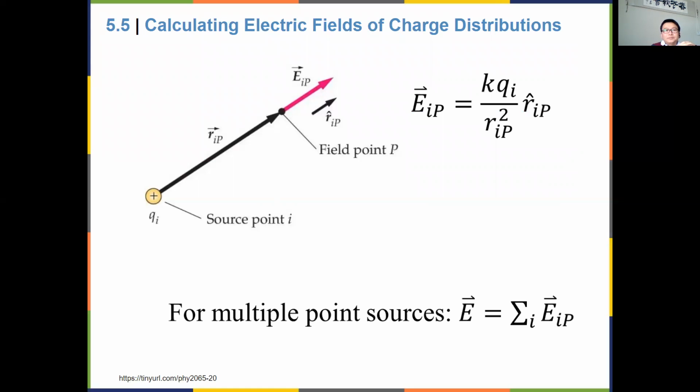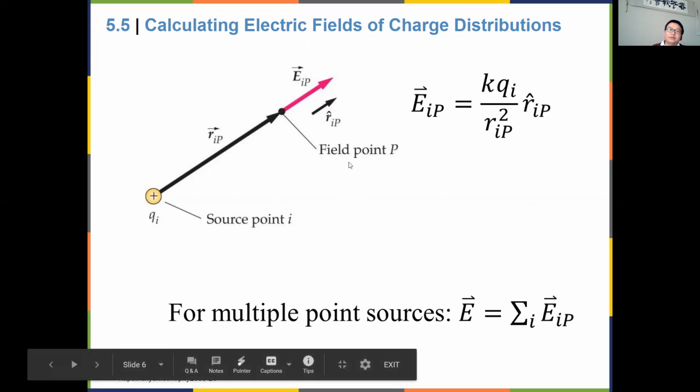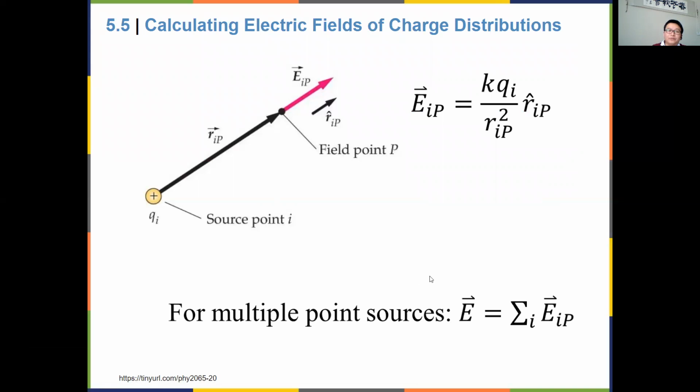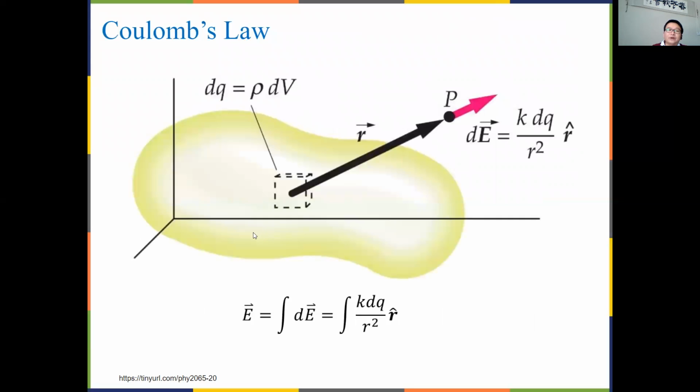And we also talked about, if you have multiple point charges, then we learned this already, for the electric field at your point of interest, you sum over each electric field provided by each individual point charge, okay? And if you have charge distributions through a body, then you'll be doing integration.